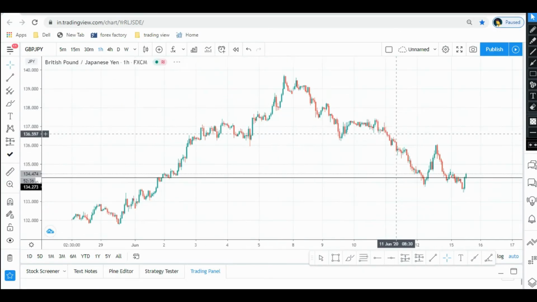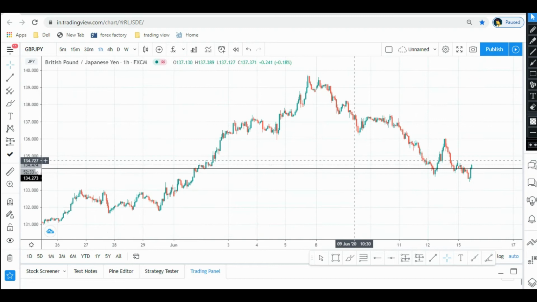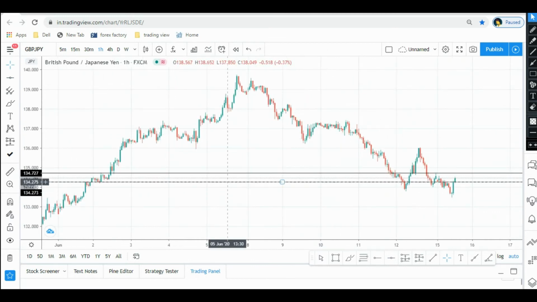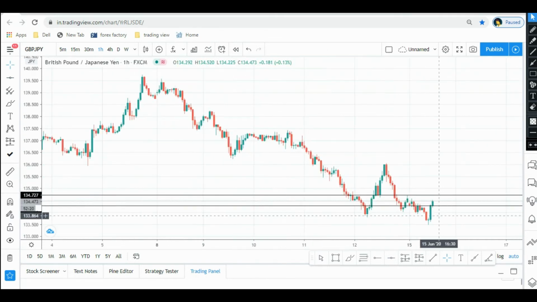GBP JPY is also the same scenario. I thought this will be my stop loss area, and my profit would be at this area. So let me mark it.